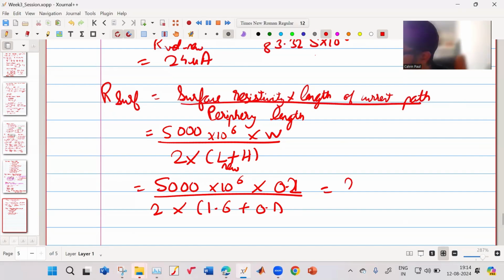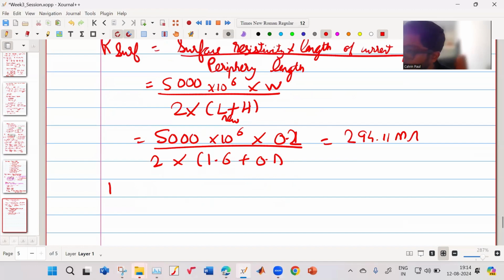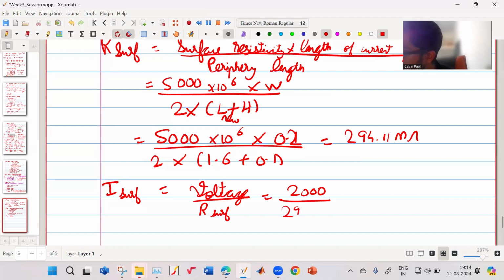So that is 294.11 mega ohm. So my surface current actually will be voltage by R surface, that is 2000 divided by this 294.11 into 10 to the power 6. So can you calculate how much is that?